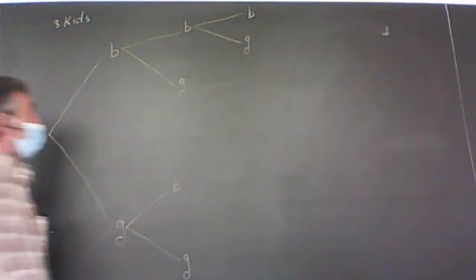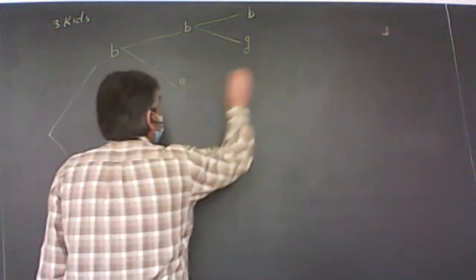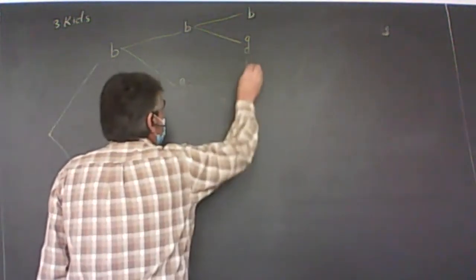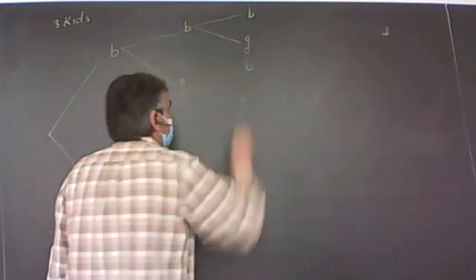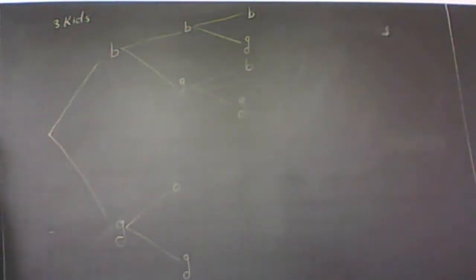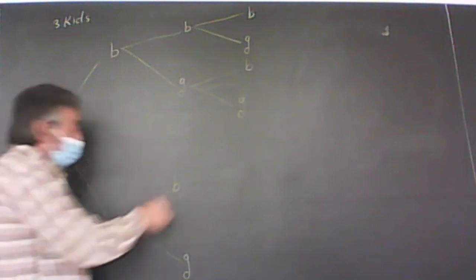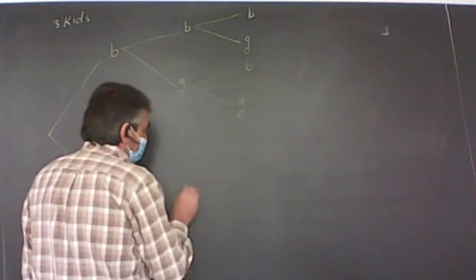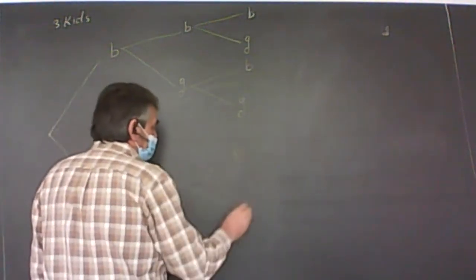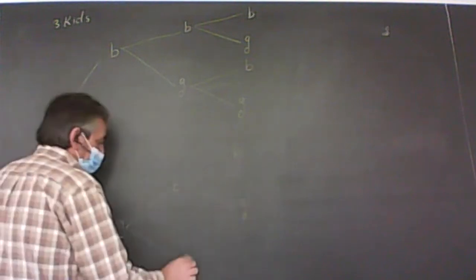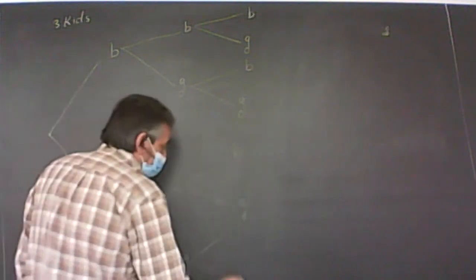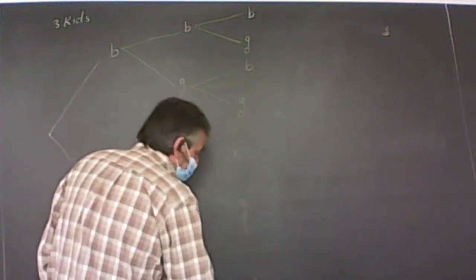And this scenario would also give me a boy or a girl. But if the first child was a girl and then a boy, we could also have a boy and a girl over here, and we could also have a boy and a girl over here.